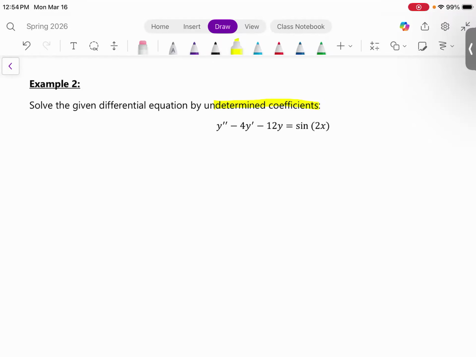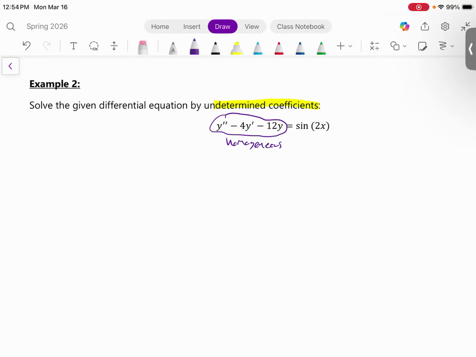Before we get started, let's remind ourselves of some key components of this differential equation: what makes it non-homogeneous, and the homogeneous component. So this y double prime minus 4y prime minus 12y is our homogeneous component.